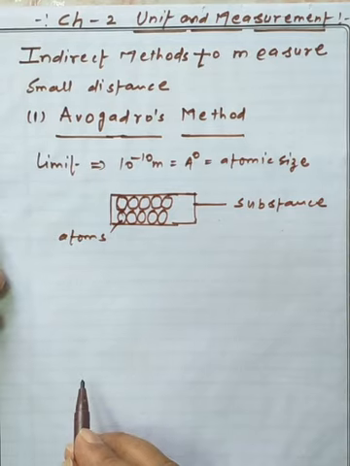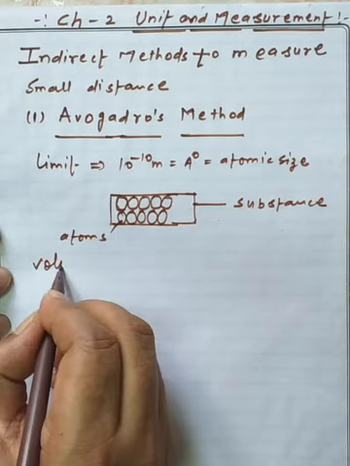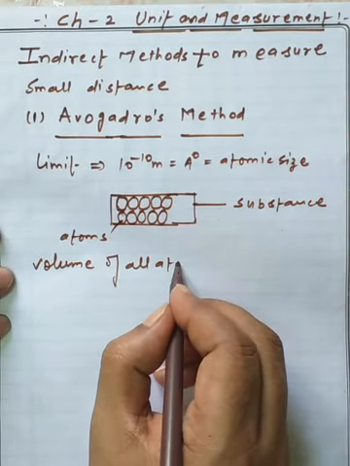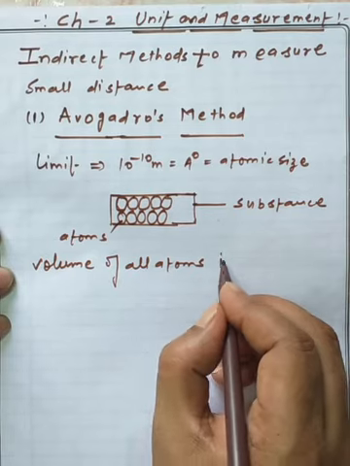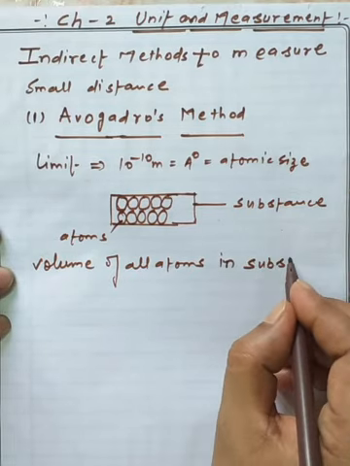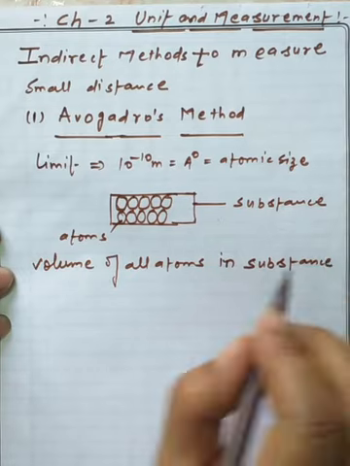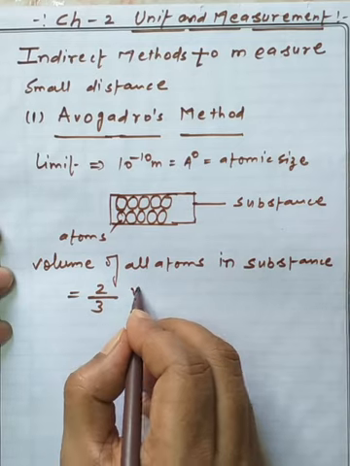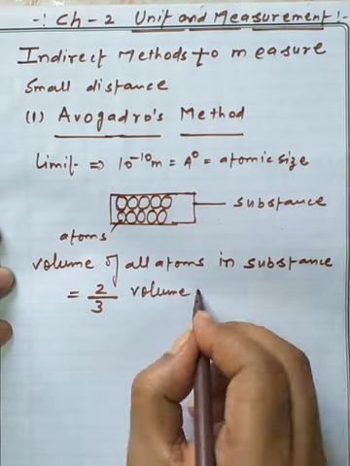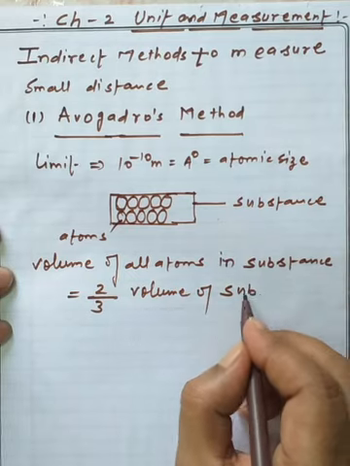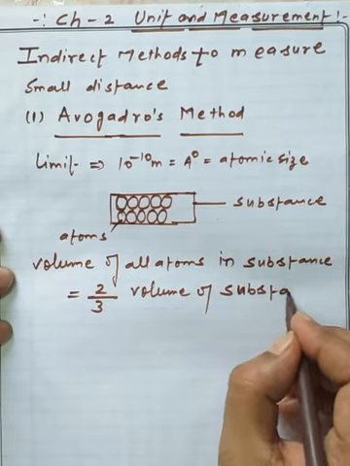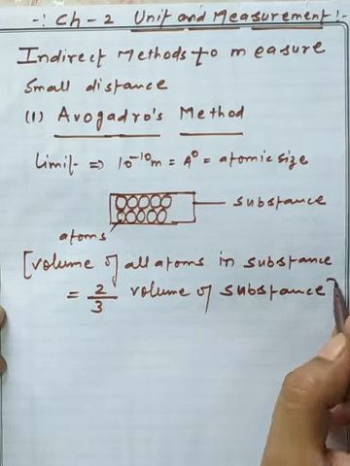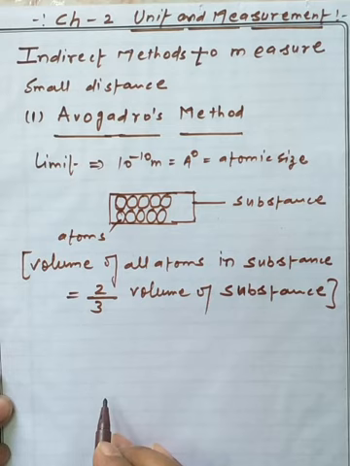It says that the volume of all atoms in the substance is equal to 2 by 3 of the volume of the substance. It is a general hypothesis, and we will use it to measure the radius of the atom.